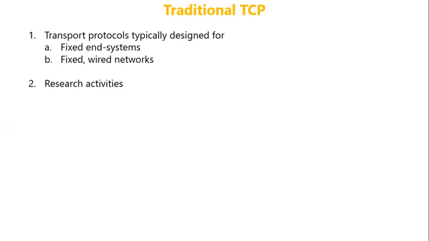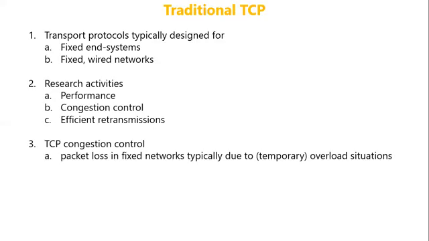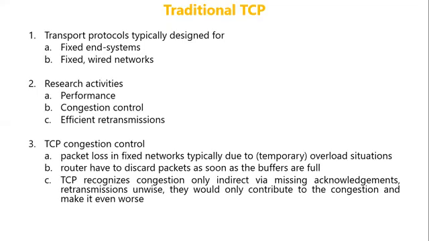Most of the time, if there is a packet loss, that is due to congestion. So traditional TCP, whenever there is a packet loss, that will be identified by the missing acknowledgement.